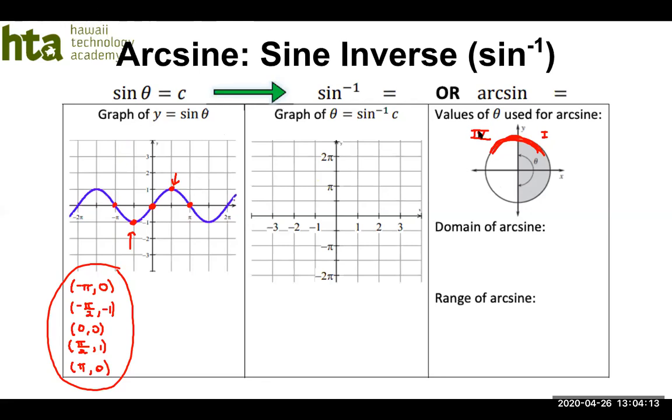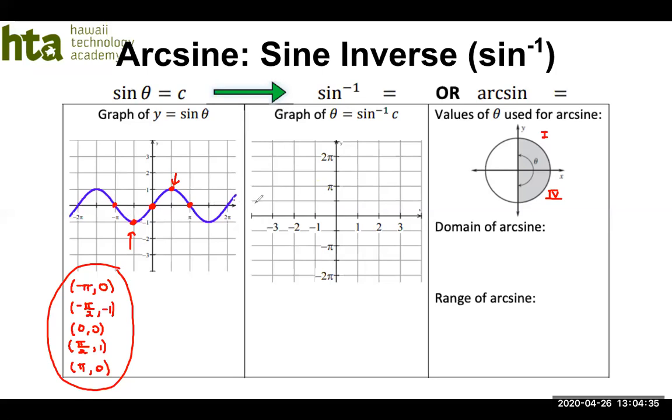So here's why we're going to use quadrant 1 and 4. Sorry, let me get my eraser. The gray area symbolizes where the domain is of our function. So we're using the values of theta between quadrant 1 and quadrant 4, only those values.